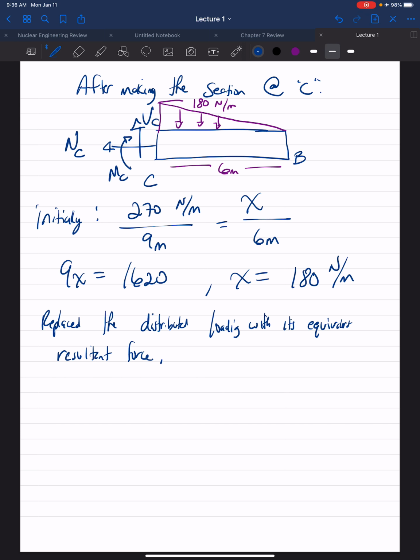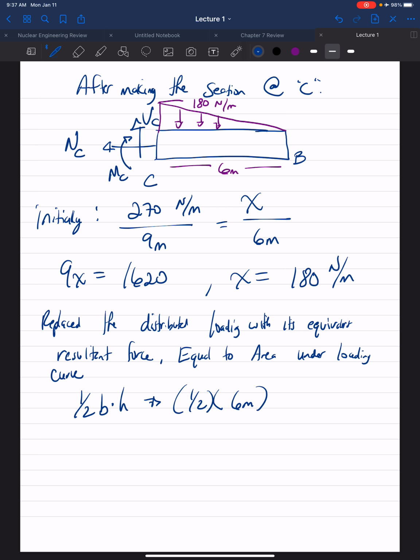Since this is triangular, it's 1/2 the base times the height. 1/2 the base, 6 meters, times the height, or intensity, 180 newtons per meter.